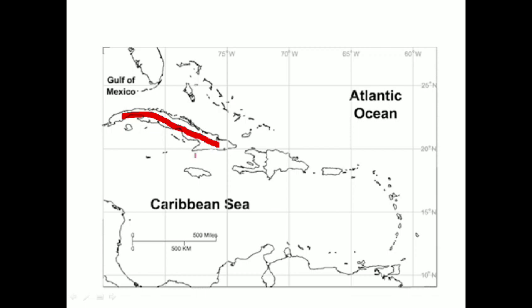Next here we can see Haiti, and here we have the Dominican Republic, and we also have this portion called Jamaica. Next we have Puerto Rico. This is Puerto Rico.